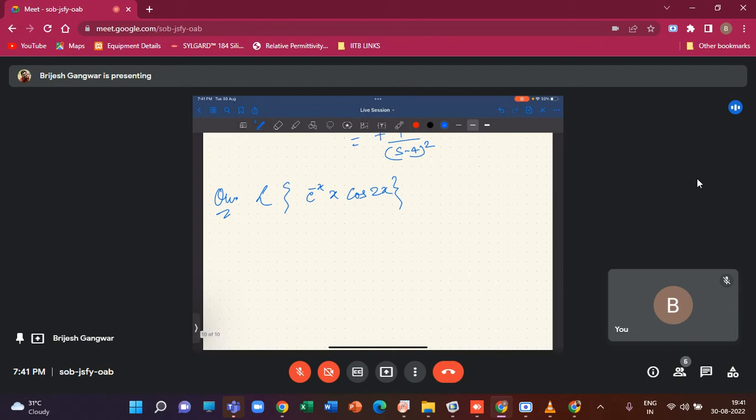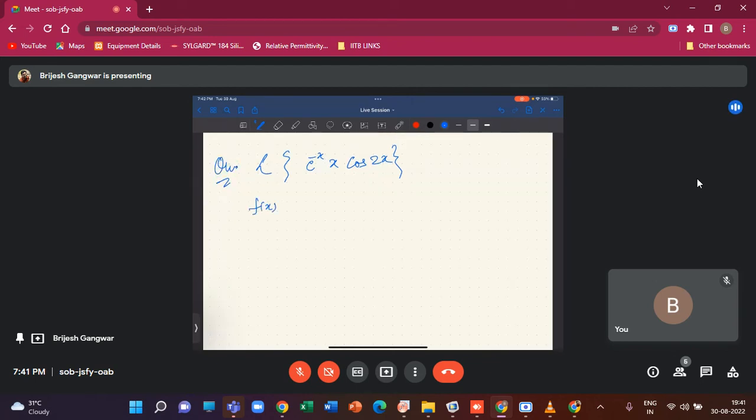Can you find this? x into cos 2x. Do you remember the Laplace transform of x cos 2x? Yes, back to back two formulas we have to use.